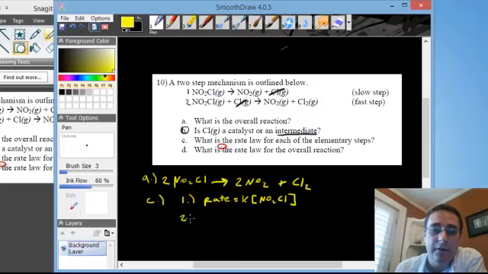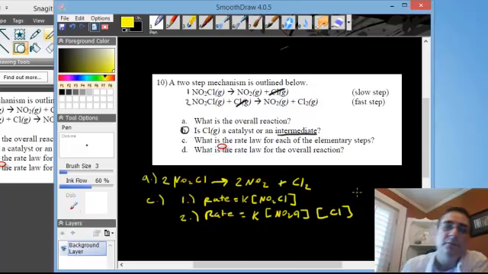And the rate law for the second step is rate equals K times the concentration of NO2Cl, first order, times the concentration of chlorine, first order.